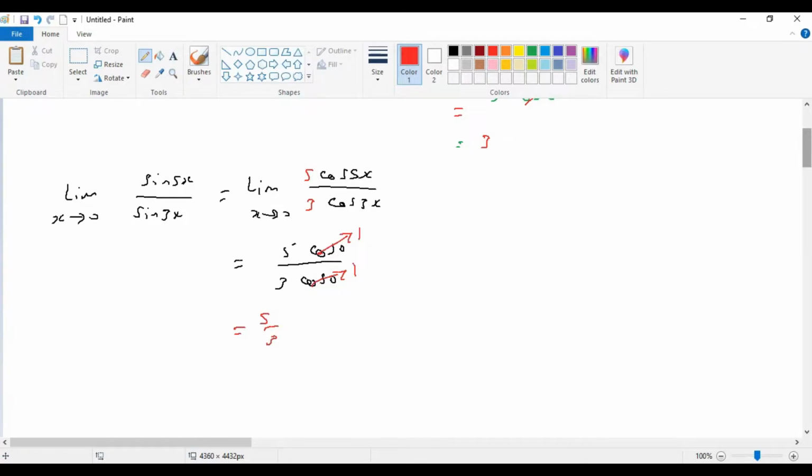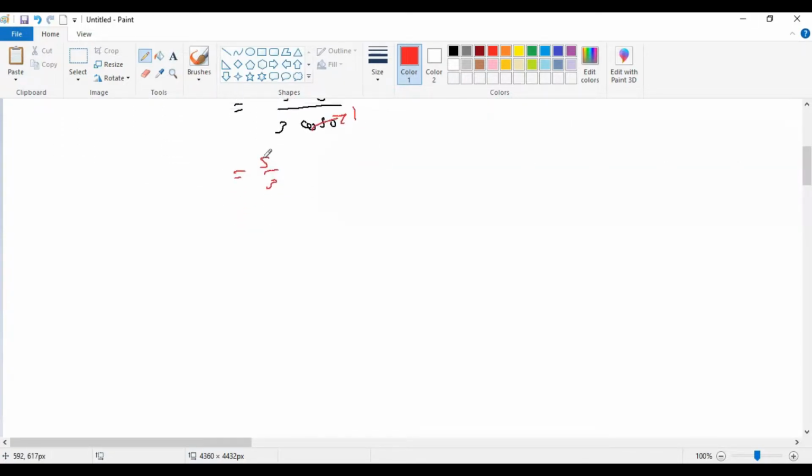Okay. Another example. Let us define the limit as x approaches 0 of e to the power 2x minus 1 over sine 3x. Now x equals 0: e to the power 0 is 1, and 1 minus 1 is equal to 0. Sine 0 is 0, so you have 0 over 0.